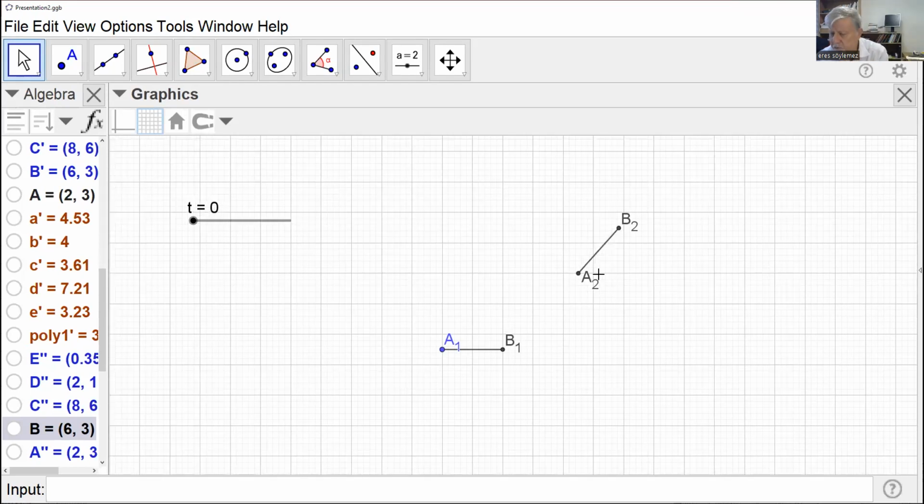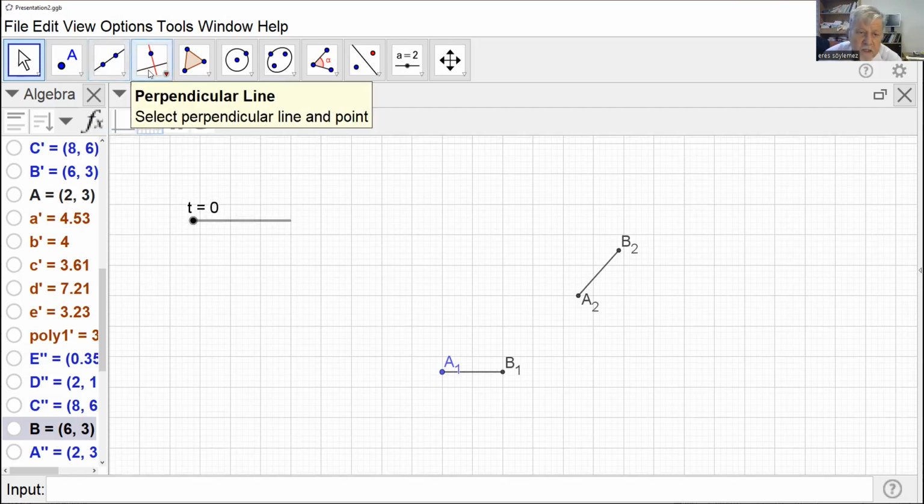I have these 2 positions, and two pairs of homologous points: A1, A2 is one, B1, B2 is the other. What Chasles says is you can perform this motion from the first position to the second position most simply by a pure rotation. And he tells you where to rotate that rigid body.